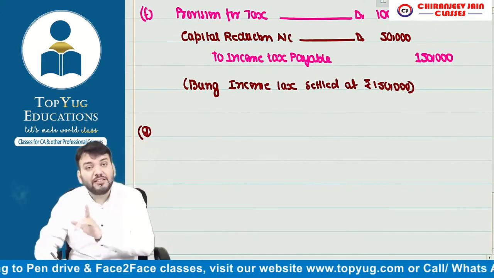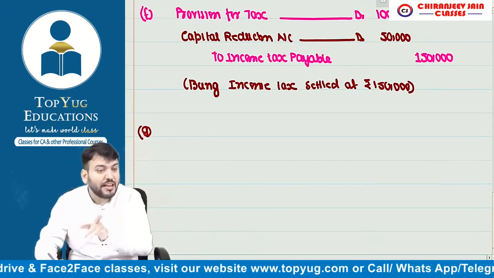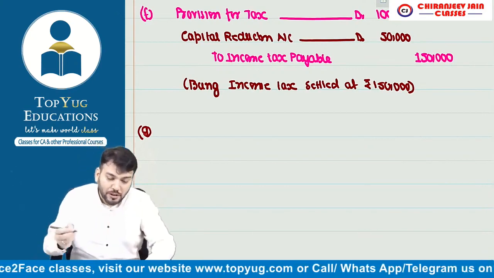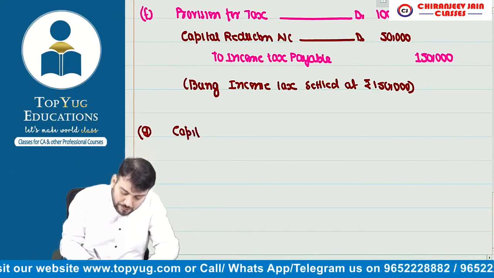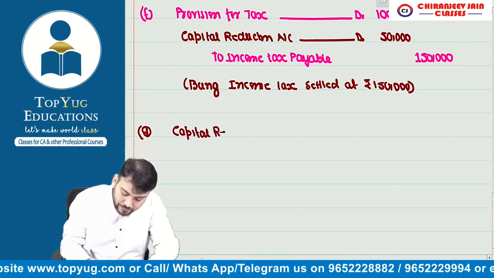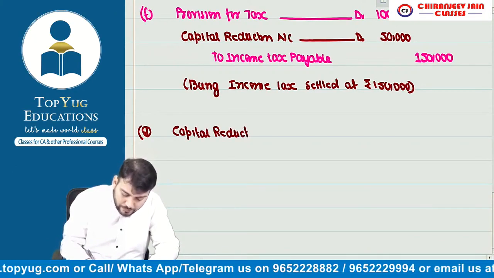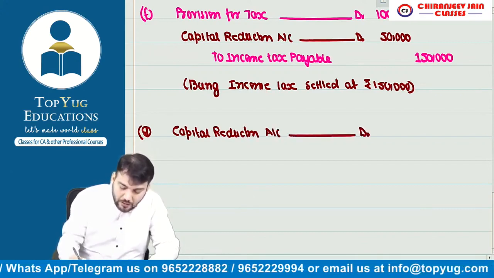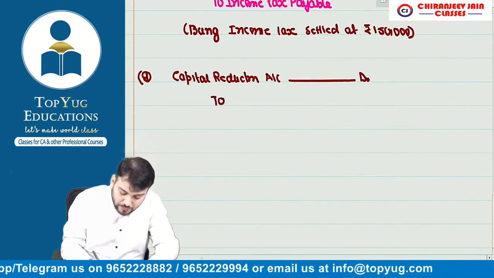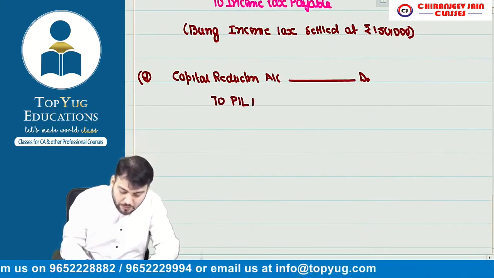Then point number G, we write off fictitious assets and also the debit balance of the P&L account. So what journal entry? Capital reduction account debit to profit and loss account.